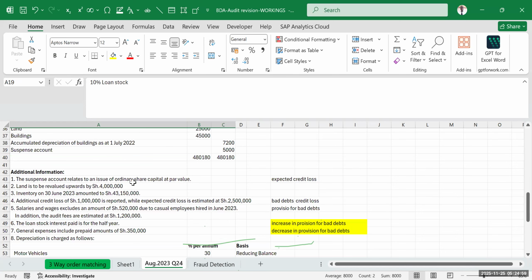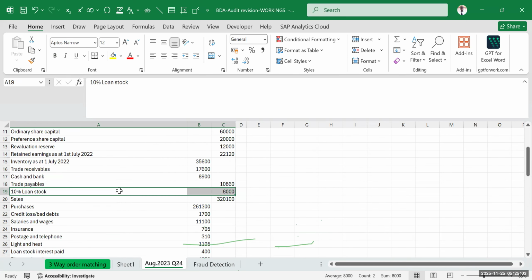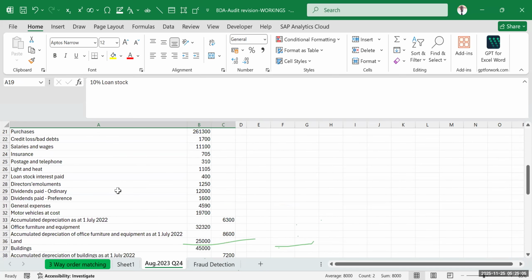So we are told that the loan stock interest paid is for half a year. So there was some loan stock interest that was paid, and you can see it is here, loan stock interest paid. I want us to look at it in the concept of double entry. How does it affect the financial statements, especially the balance sheet, and again the statement of profit or loss?